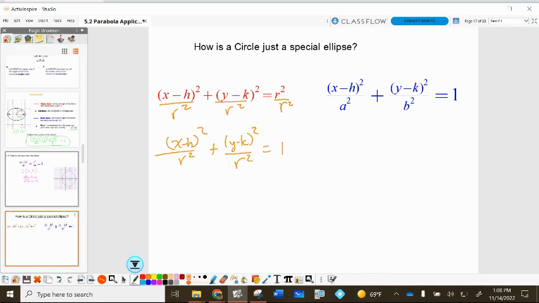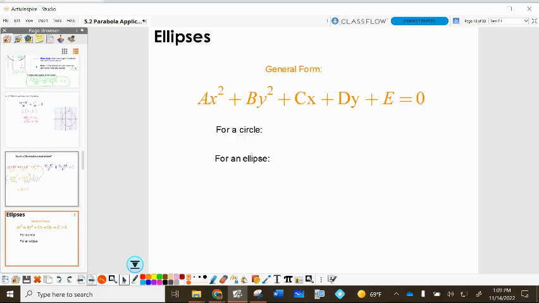And so the only difference here with an ellipse and a circle is that for a circle, a equals b, which is your radius. A and b are equal, so a squared and b squared are both just r squared. So when the denominators are the same, that's a circle. And if you wanted to get it to look like a circle, you would just multiply both sides through by r squared again, by whatever your denominator is here, and it would cancel your denominators here, and it would get you back to this form there. Okay, so a circle is just a special ellipse.